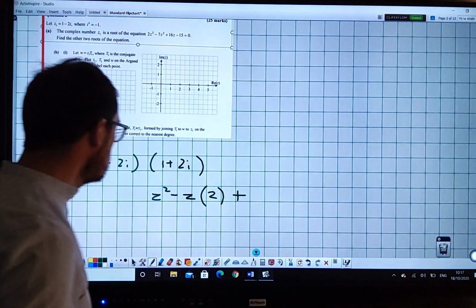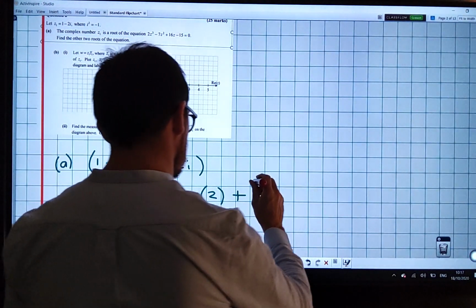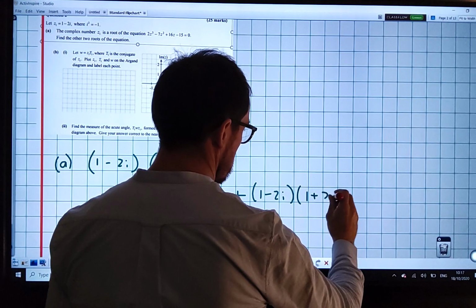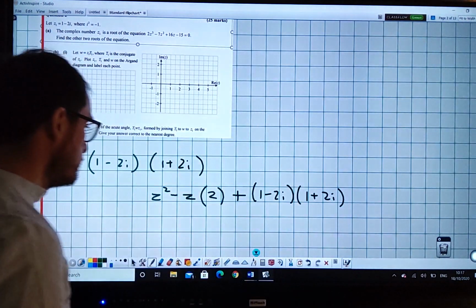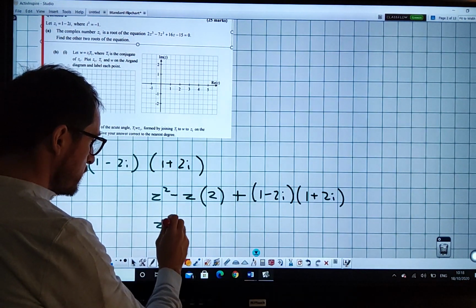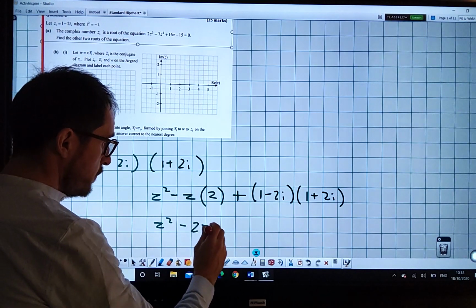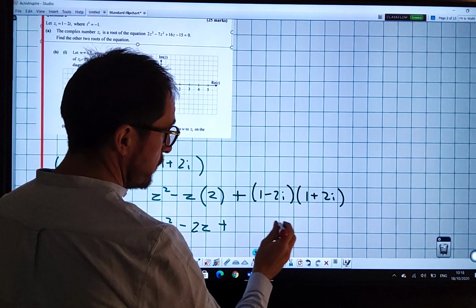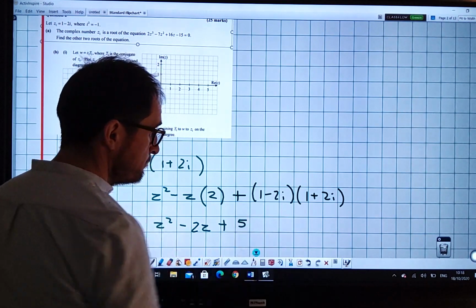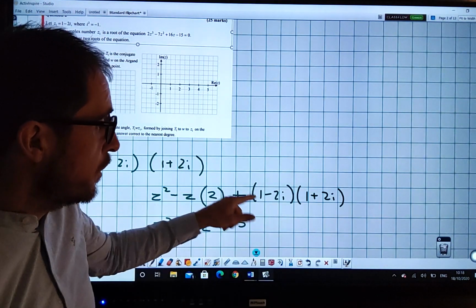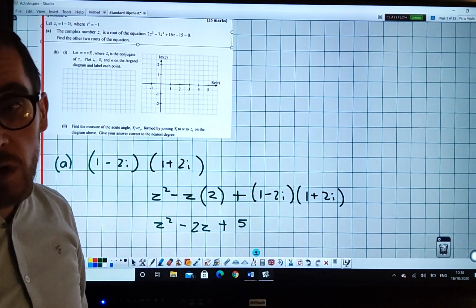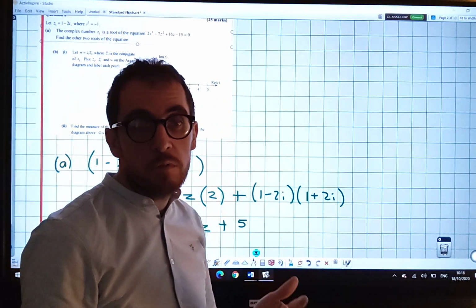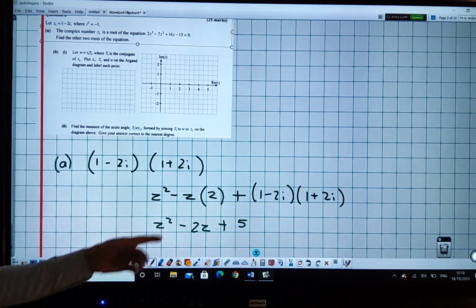Plus the product of the roots, so that's 1 minus 2i times 1 plus 2i. Okay, so that's z squared minus 2z plus 5. That's 1 times 1 is 1, minus 2i plus 2i, minus 2i squared. Plus 2i and minus 2i cancel. The minus 2i squared becomes plus 4. 1 plus 4 is 5. So that's what I have there.